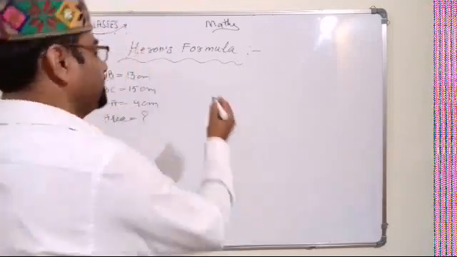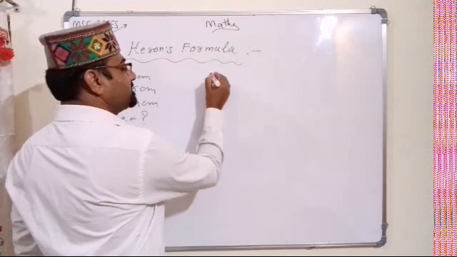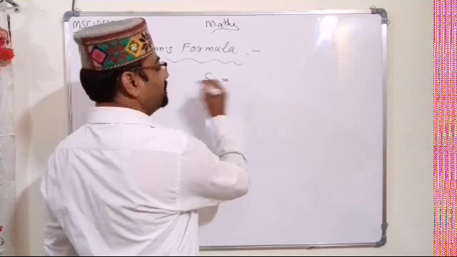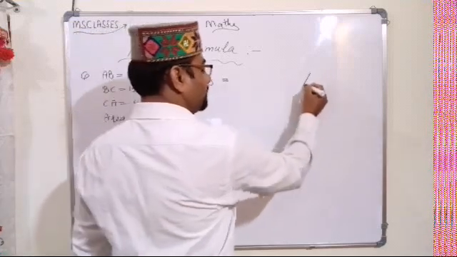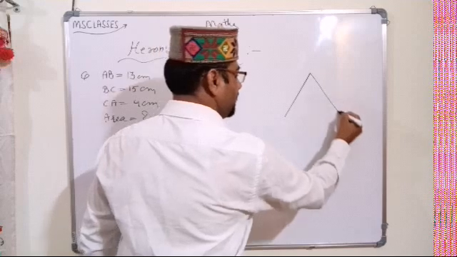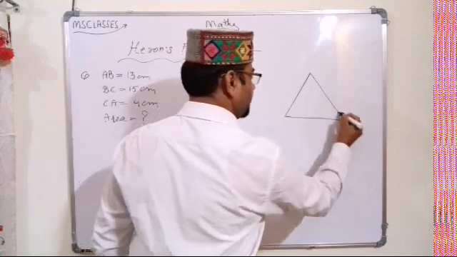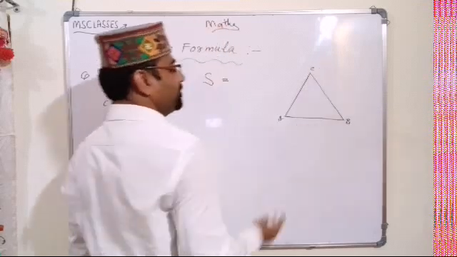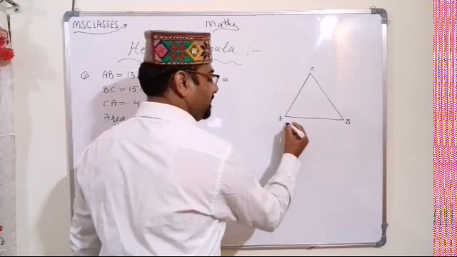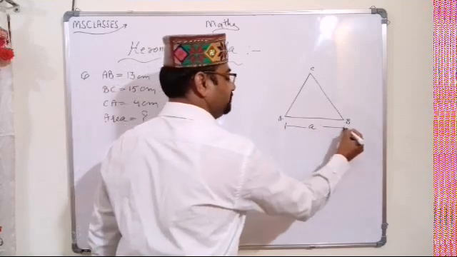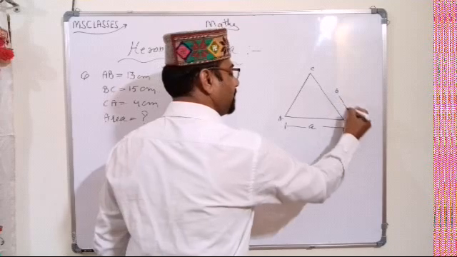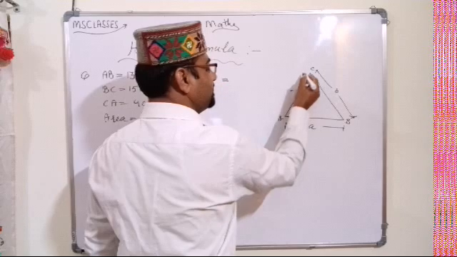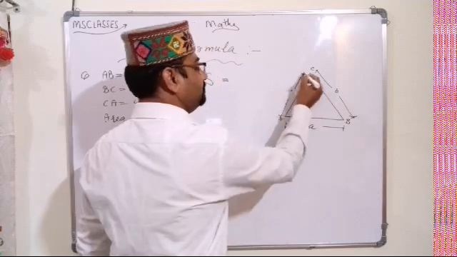So Heron's formula is, that is S. First of all, what is S? S is the sum of the sides of the triangle divided by 2. If we have a triangle ABC, let the sides of this triangle be a, b and c.